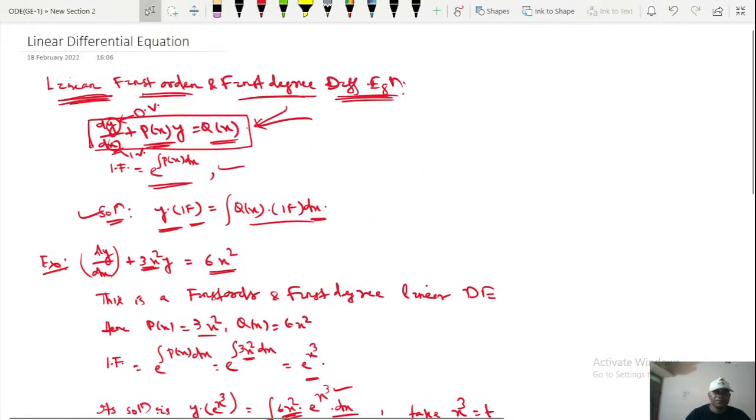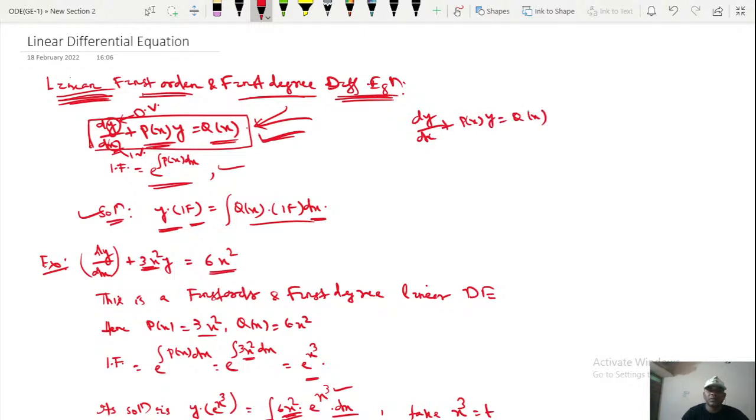If the linear differential equation is in this form, dy by dx plus p of x into y equal to q of x, then its integrating factor is e to the power integration of p of x dx, and its solution is y into integrating factor equal to integration of q of x into integrating factor into dx.